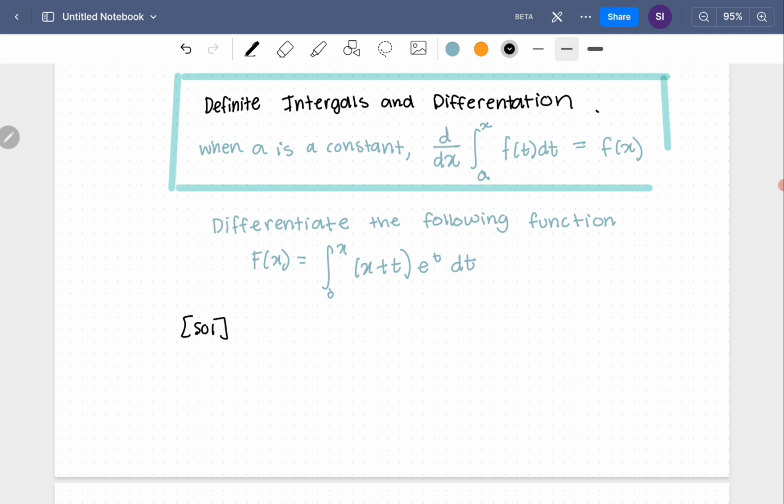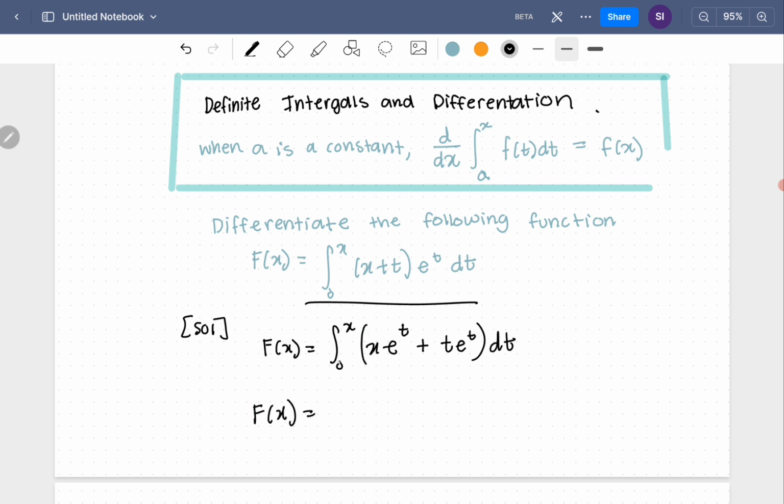So like we did with the other problems, we're going to first simplify this integrand. So we get f of x equal to the integral from 0 to x of x times e to the power of t, plus t e to the power of t, and then dt. Let's split the integrand so we get the integral from 0 to x of x e^t dt plus the integral from 0 to x of t e to the power t dt.